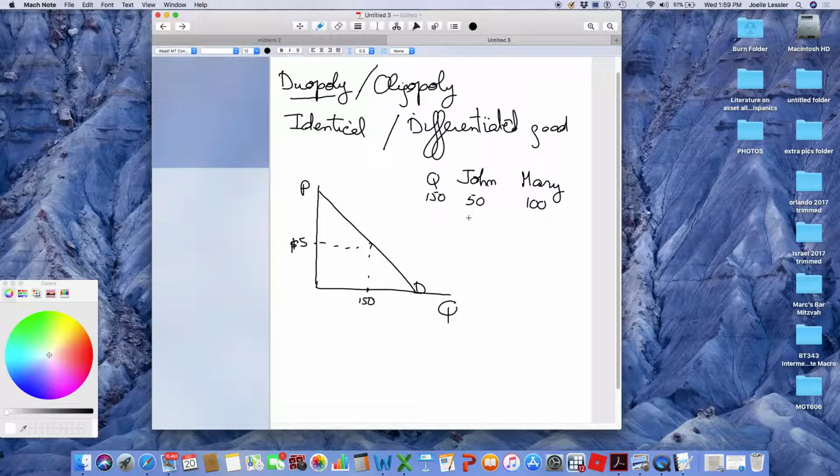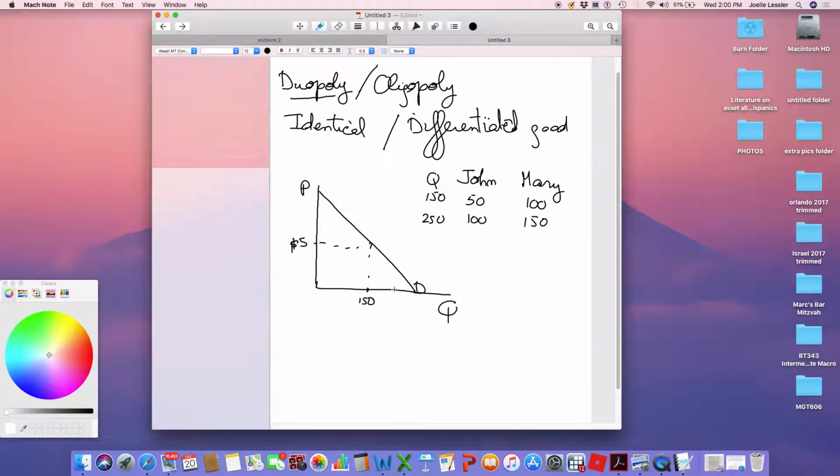If John produces 100 and Mary produces 150, then the total quantity is 250. At 250, the price is going to go down. Let's say the price is going to become $3. So the idea is that whatever quantity the 2 players choose, we add up that quantity, we have the total quantity, and that will determine the price.